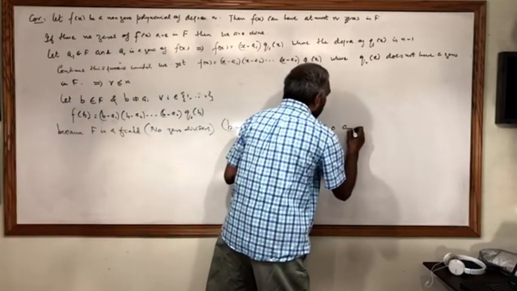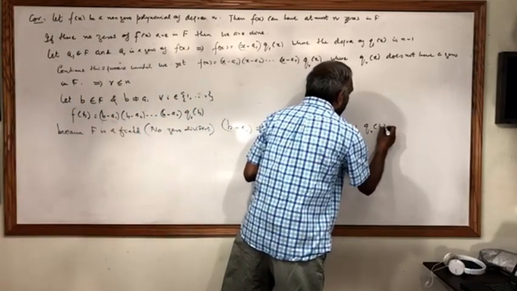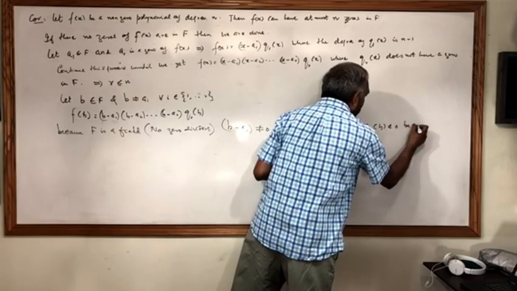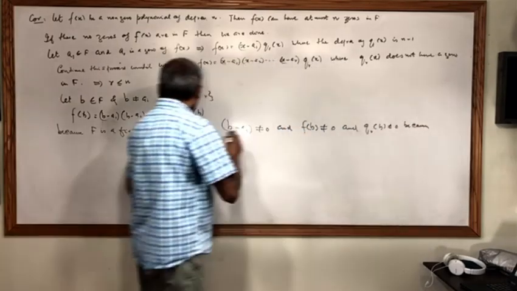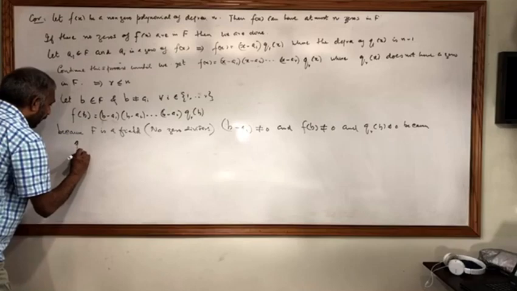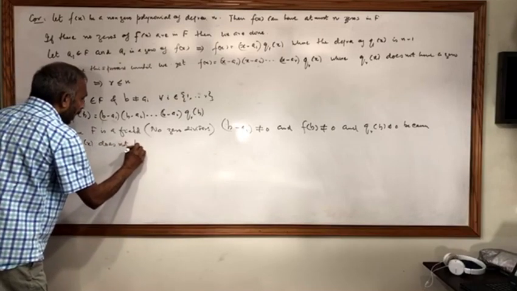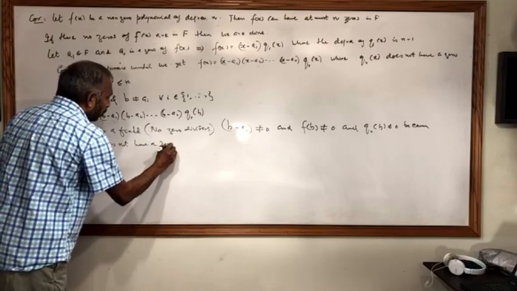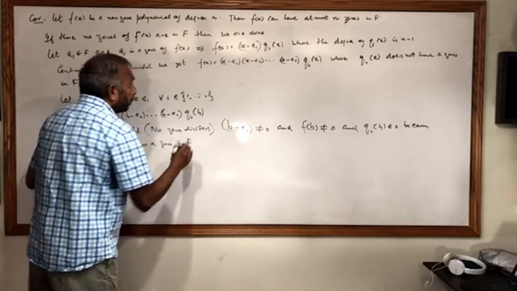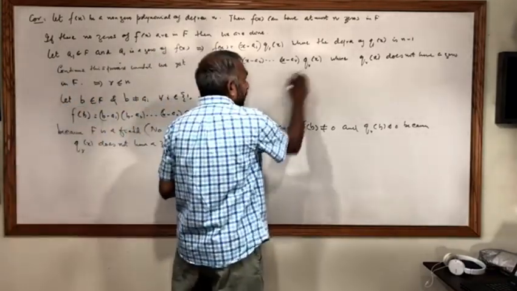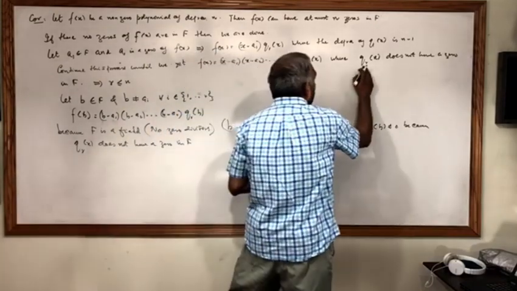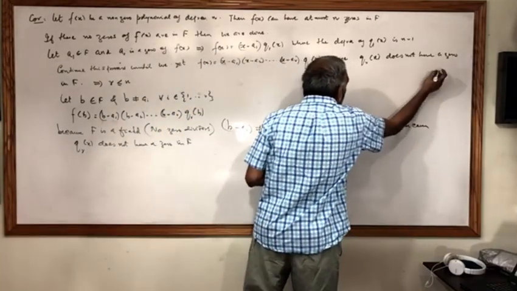And qr(b) is different from 0 because qr(x) does not have a zero in F. That is how we are factorizing this.